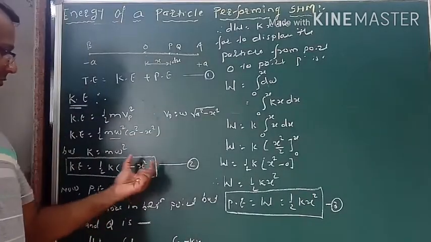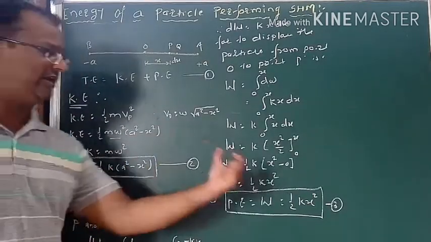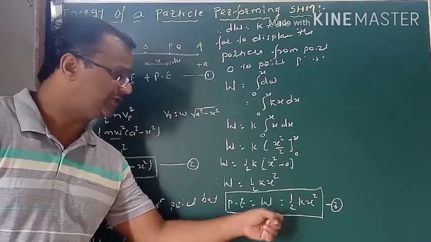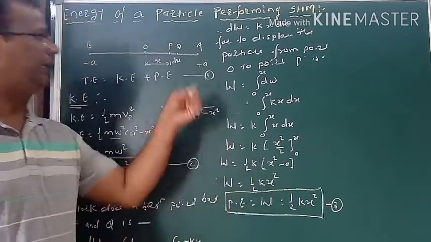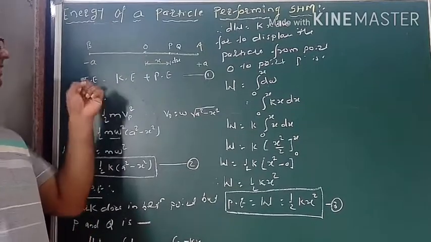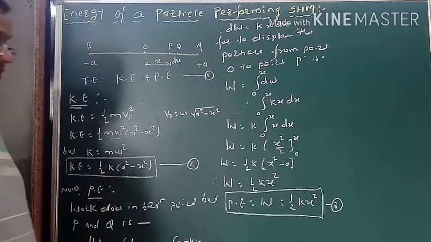Here we found the value of kinetic energy, and we found the value of potential energy. It means that we want to substitute equation 2 and equation 3 in equation 1. Then we get the total energy.